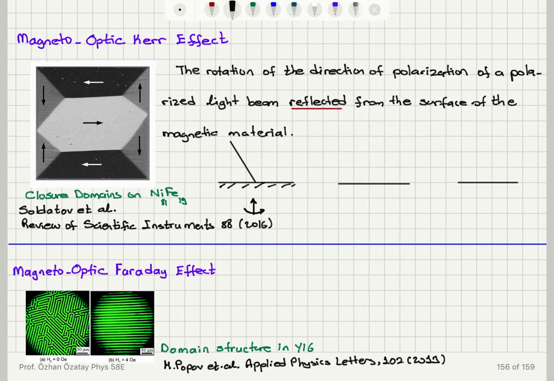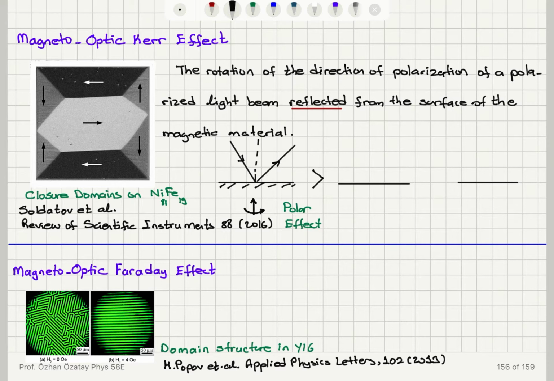If you have an incident polarized light and reflected polarized light, we will see that the direction of the polarization will move in this direction, and the effect that we see is called the polar effect, and this has the maximum Kerr signal.